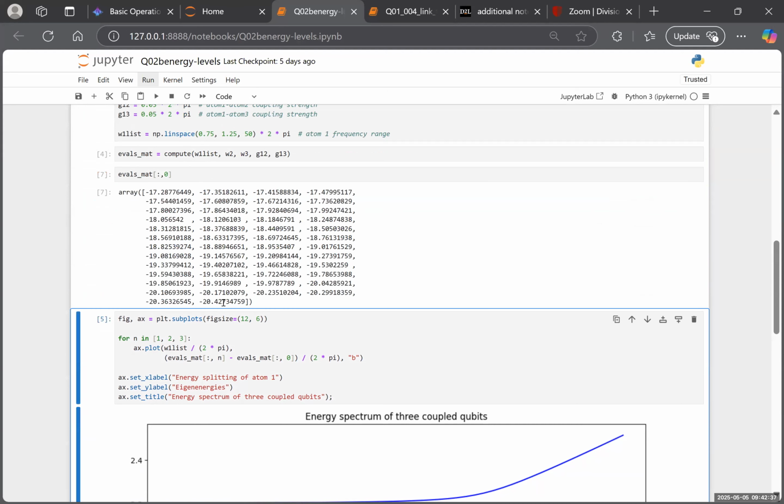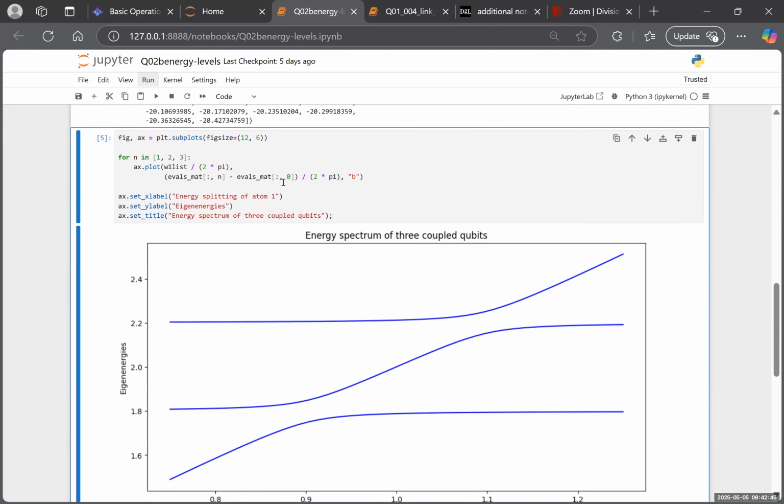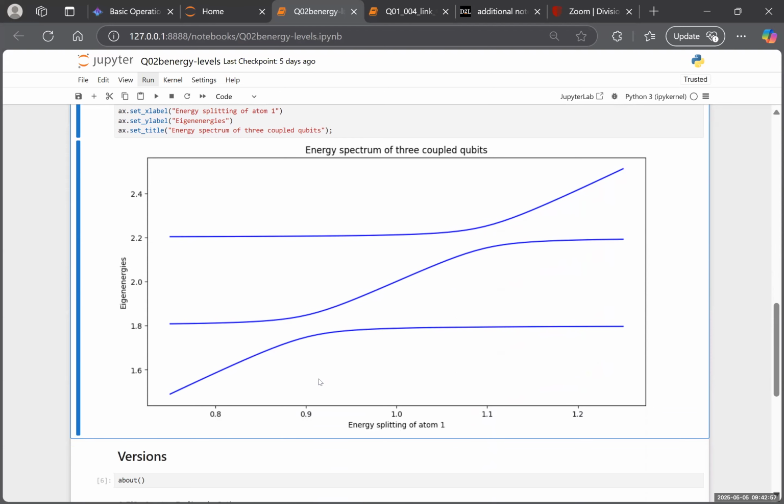Yeah, so they plot against the lowest energy state, plotting the first one minus the 0, second one minus 0, third one minus 0. So this is the energy spectrum of the 3 coupled qubits as a function of the W.